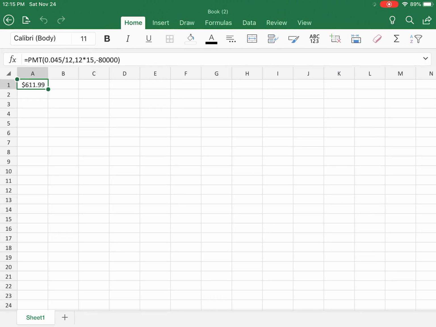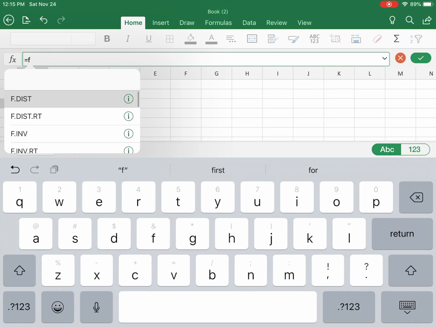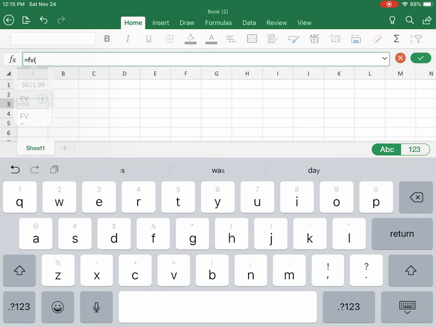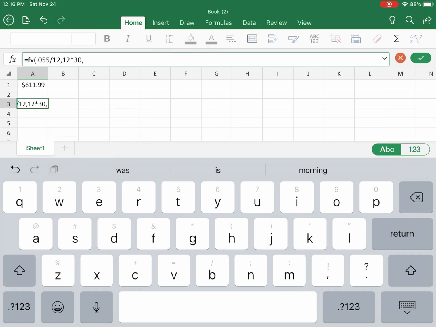Okay, let's put it here. So equals FV, and then I think it was 5.5, so I'll do 0.055 divided by 12, and then put a comma, and then 12 times 30, and then I think it was $450, so I put negative 450.